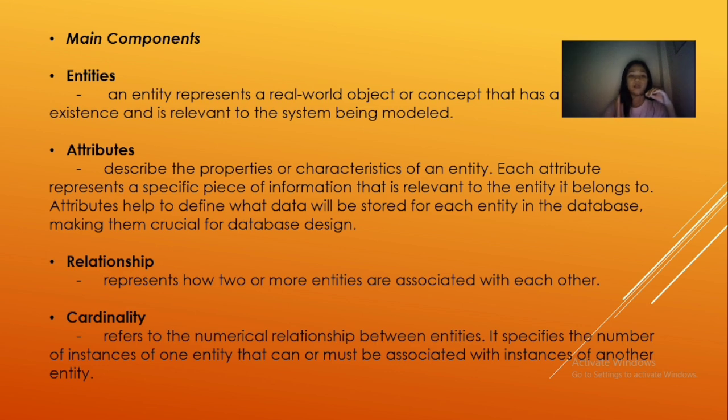Attributes help to define what data will be stored for each entity in the database, making them crucial for database design. The relationship represents how two or more entities are associated with each other. The last one is the cardinality. It refers to the numerical relationship between entities. It specifies the number of instances of one entity that can or must be associated with instances of another entity.